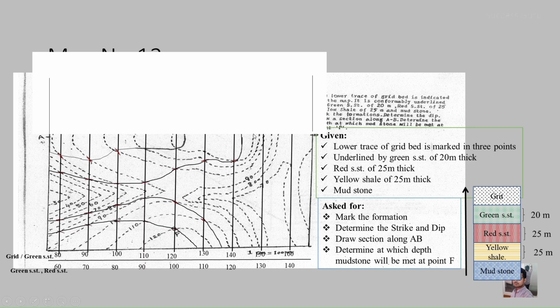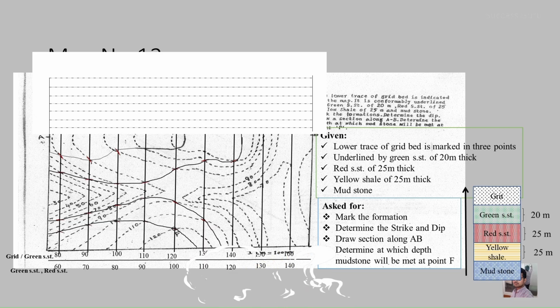So we can keep 10 meters more at the top and 10 meters less at the bottom, so that our section drawing will be quite complete. We'll start with 130 at the top and 70 at the bottom. Then we will fill in the other values like 80, 90, 100, 110 and 120. These are the profile elevations of this AB line.